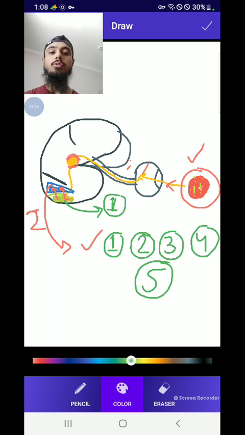I told you this pathway in detail. So what is the importance of this pathway and of its functions? There is a clinical importance related to it.